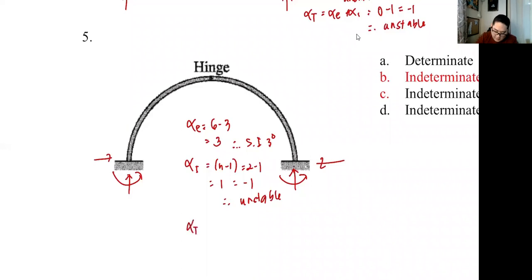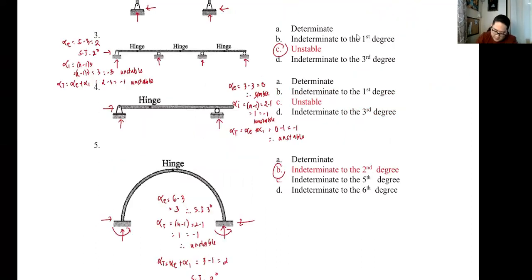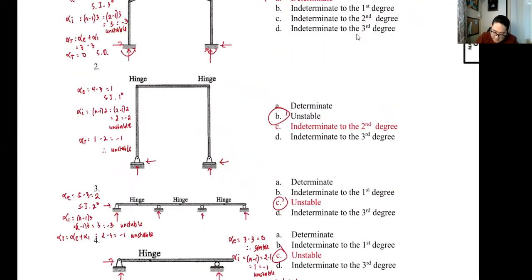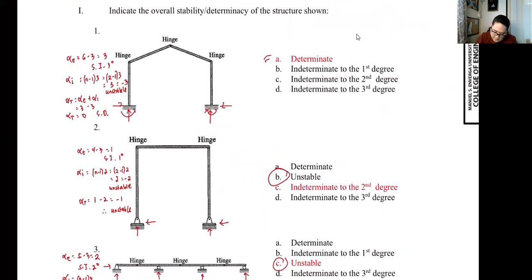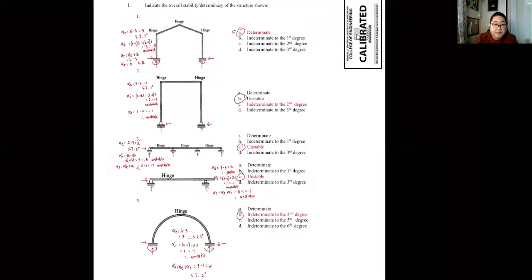And then for total, we have E plus I. That will be 3 minus 1 or 2, or statically indeterminate sa second degree. Okay, so yeah. So ito lang yung namali ko ng highlight, no? A question for part 1 or clarification. Okay tayo sa part 1.